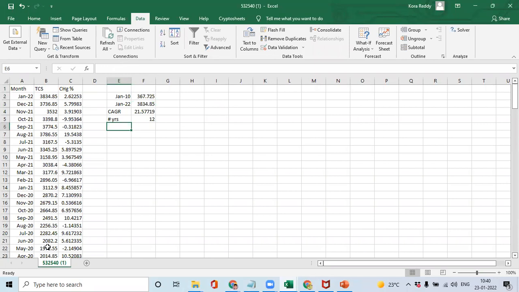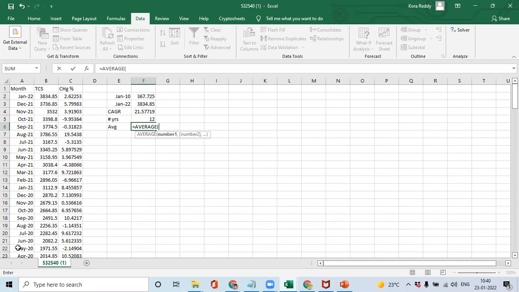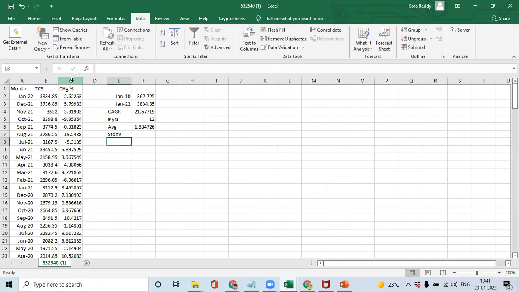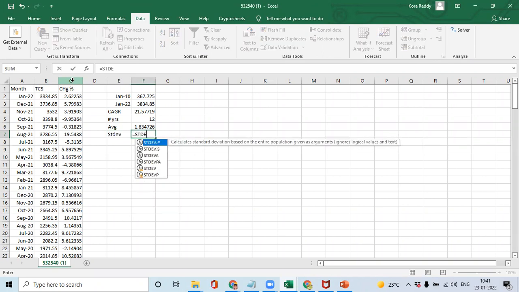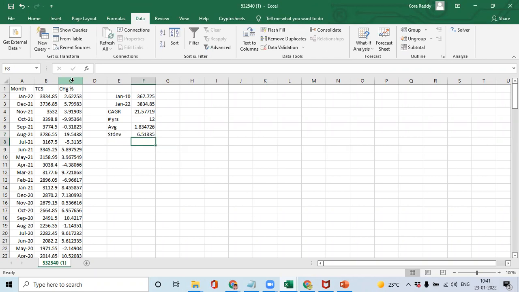Average monthly change is how much for TCS? On average, TCS gains about 1.8% per month with a standard deviation of 6.5%.